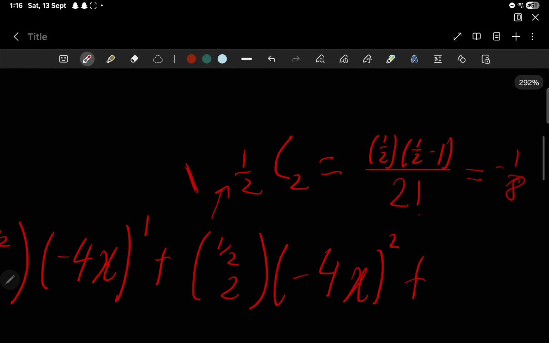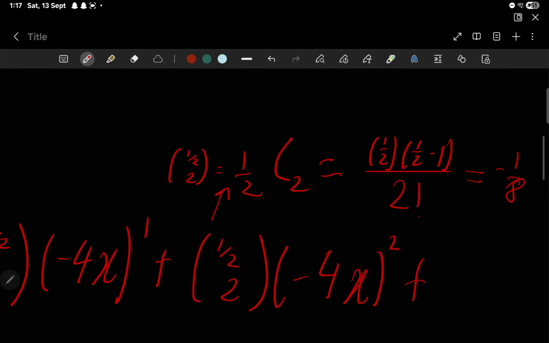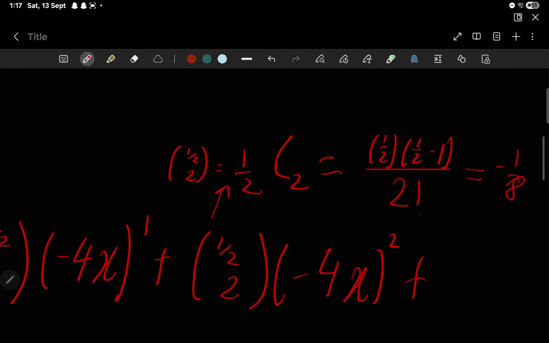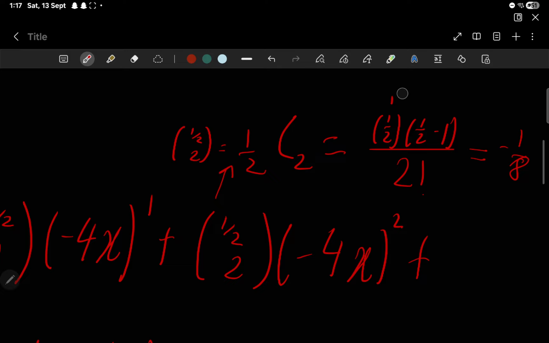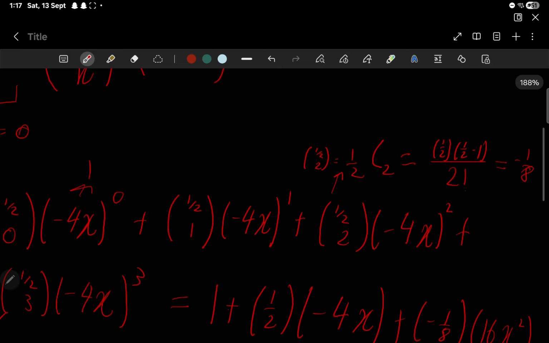Now, if you go up here, 1 over 2c2, in column notation, is going to equal 2 factorial in the denominator, and then we're going to write 2 factors of 1 over 2 factorial. So 1 over 2 and 1 over 2 minus 1. Those are 2 factors. So 1 and 2, as you can see. And then this gives us negative 1 over 8. So the general rule is nCr.